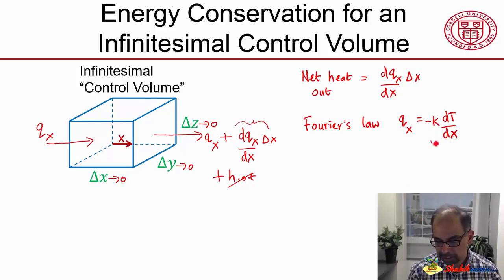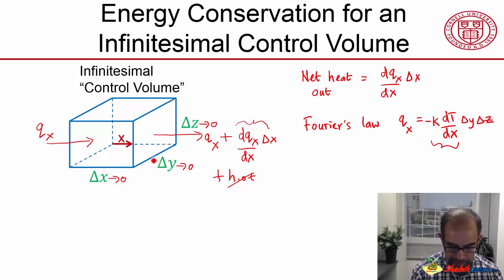This term gives me heat flow per unit area, so I need to multiply it by the area of the face, which is delta y delta z. That gives me the net heat flow through any face. Now if I substitute that back in here, I'll get the net heat flow out in terms of the temperature. One thing to note is that when I substitute it back, I have to differentiate, so I'm going to get a second derivative of the temperature.